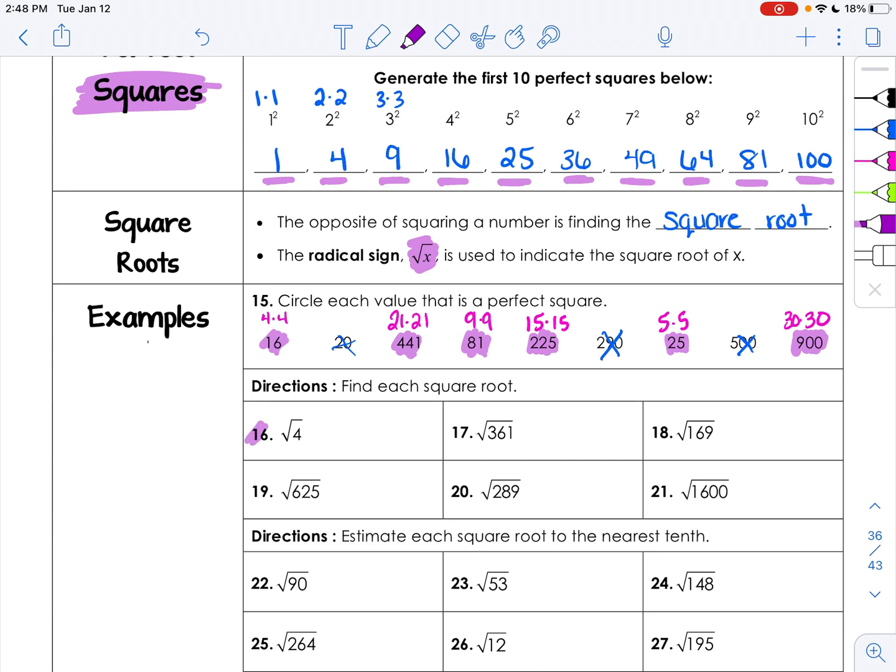Go ahead and highlight 16, 17, 18, 19, 20, and 21. And remember, for 1 through 100, you should have these memorized. So you should know number 16 without a calculator. But for 17 through 21, you can use a calculator in the square root button.